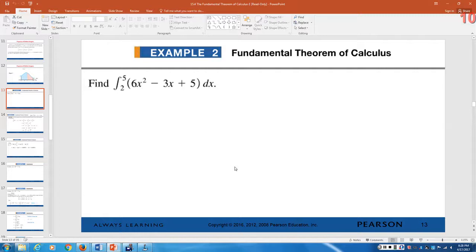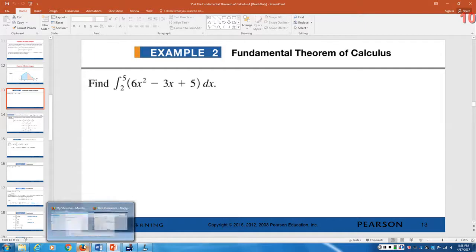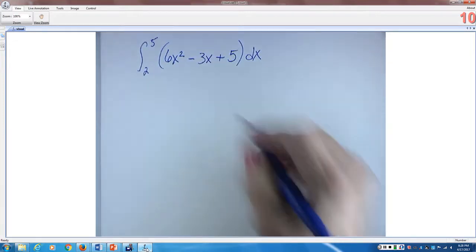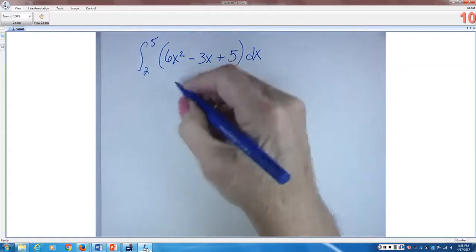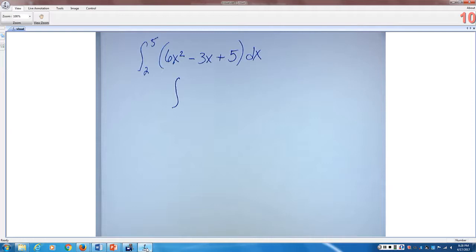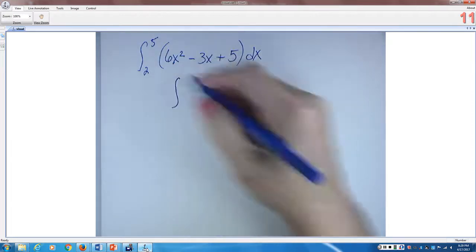We have the integral from 2 to 5 of 6x squared minus 3x plus 5 dx. So we're going to break this up to do the integration, but I'm going to do the indefinite integral before I actually worry about the constants there.